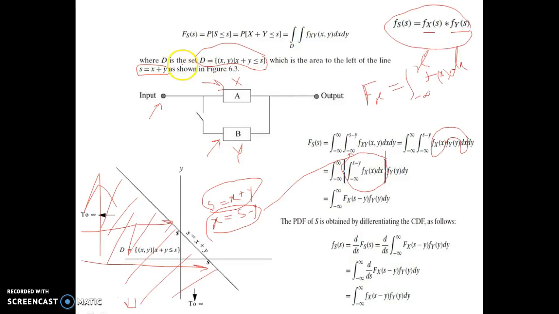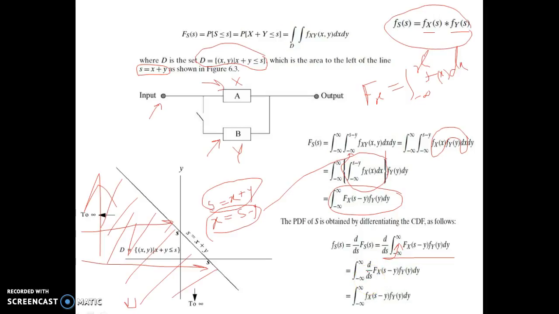Now if we need to obtain the PDF, we have to differentiate this CDF, F of s, with respect to s. We can take this differentiation inside the integration. This is again interchanging the order of integration and differentiation, which is mathematically feasible.